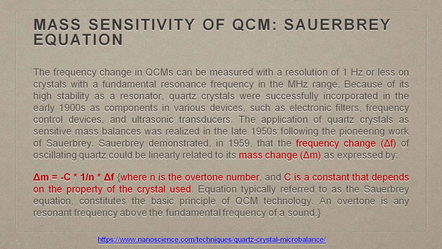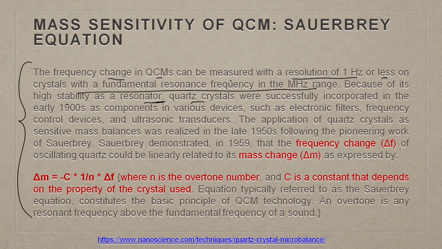Now, when we talk about the mass sensitivity of QCM and the Sauerbrey equation, the frequency change in the QCM can be measured with a resolution of 1 Hertz or less on crystals with fundamental resonance frequency in the megahertz range. Because of its high stability as a resonator, quartz crystals were successfully incorporated in the early 1900s as a component of various devices such as electronic filters, frequency control devices and ultrasonic transducers.